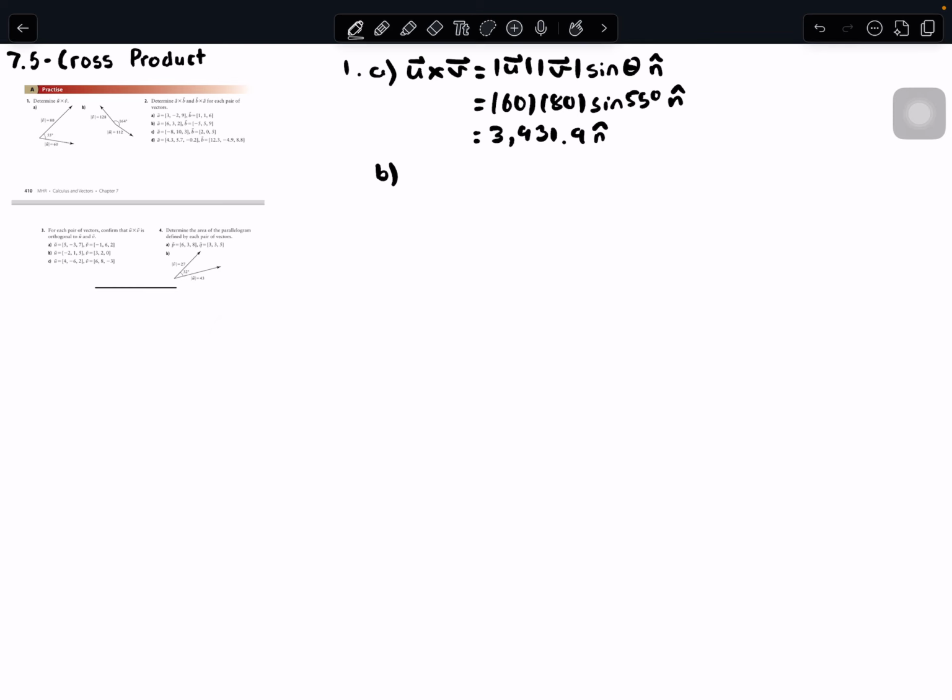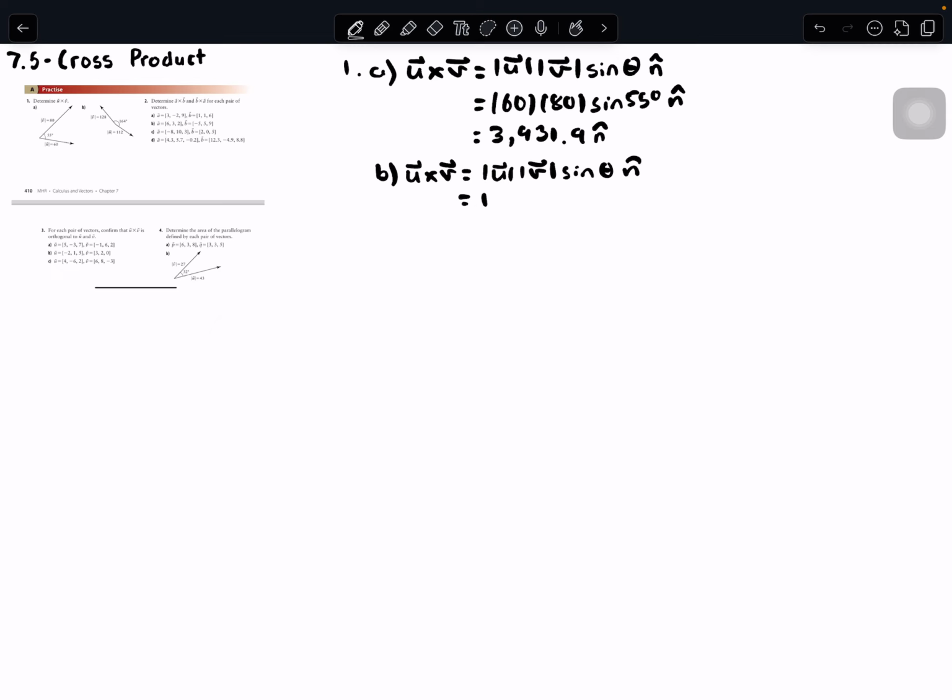B. We have V, we're determining U cross V, so U cross V is equal to mod U, mod V, same formula, sine theta n hat.